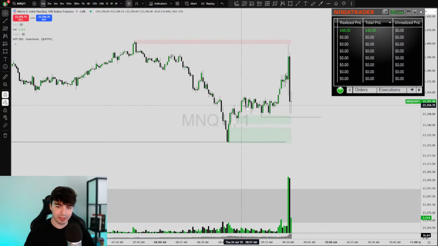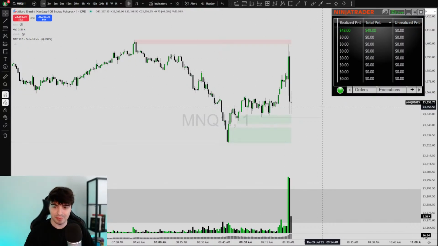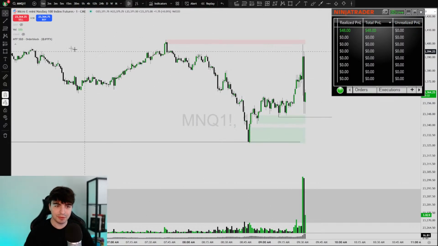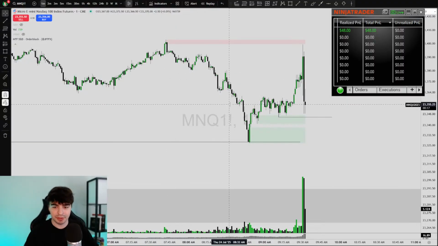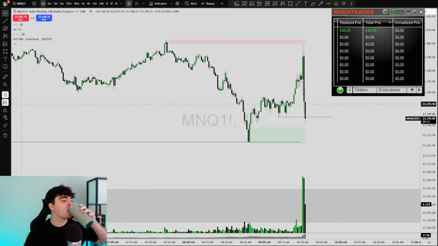So I've been looking for an indicator that could be a backup, a right-hand man. And this one so far looks pretty good. The indicator is MTF SND order block by JP7FX. It's free. It's on TradingView. Go get that. I'll show you my settings later, probably in the stream.